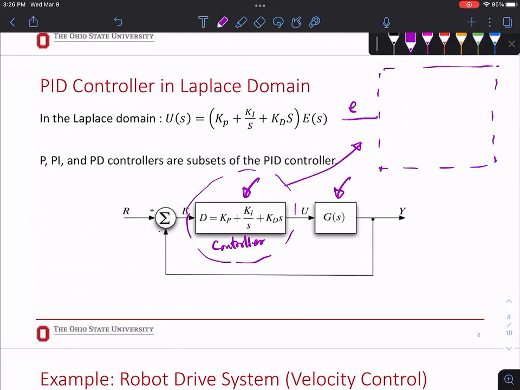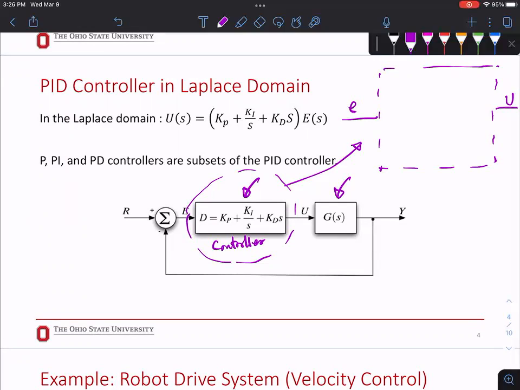So there's error and there is U, which is the controller output. How do I build this block diagram that is equal to what's in the box? Are they in series? Are they in parallel? How do you think these blocks have to be arranged?